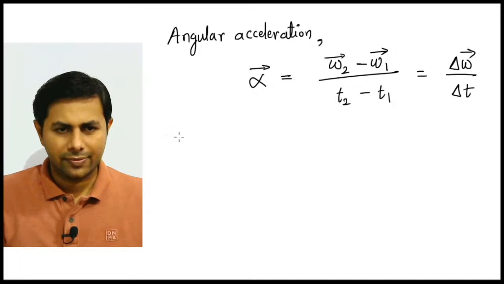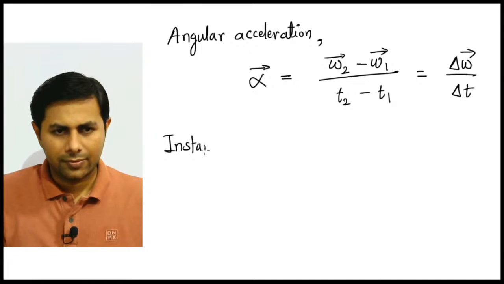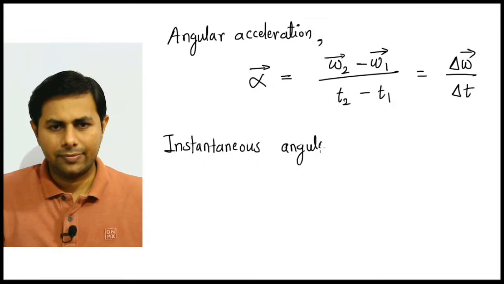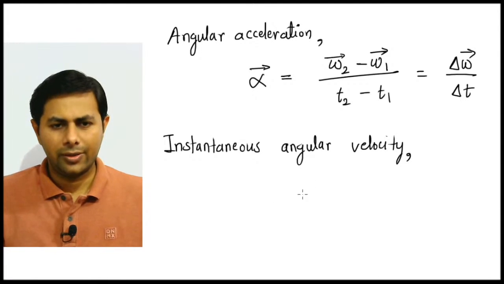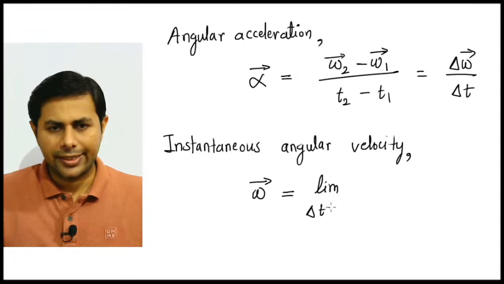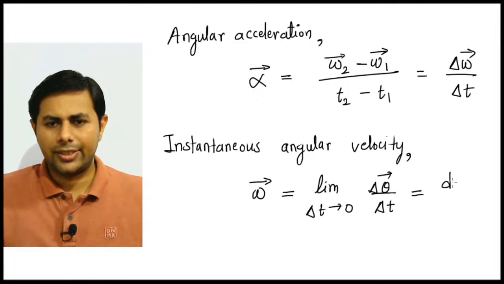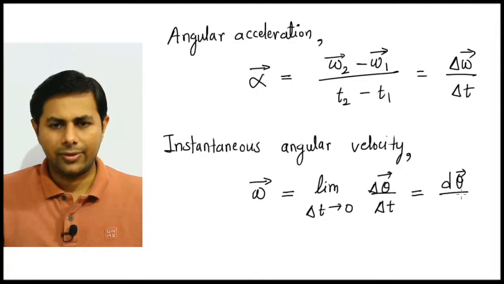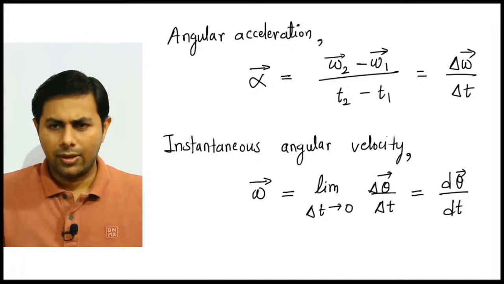So the instantaneous angular velocity omega bar will be equal to the limit as delta t tends to 0 of delta theta bar by delta t, or it is just the derivative of theta bar with respect to time.